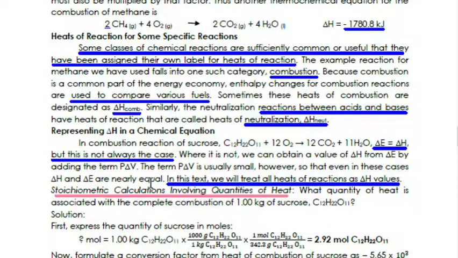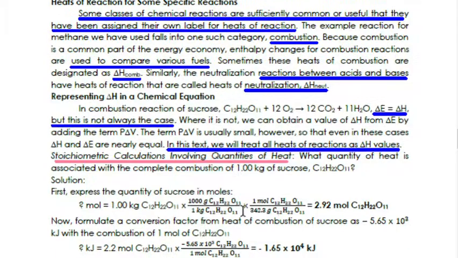For stoichiometric calculations involving quantities of heat, of course, first we must express our substances into moles. Then we formulate a conversion factor from heat of combustion, which is negative 5.65 times 10 raised to 3 kilojoules per combustion of 1 mole of sucrose.